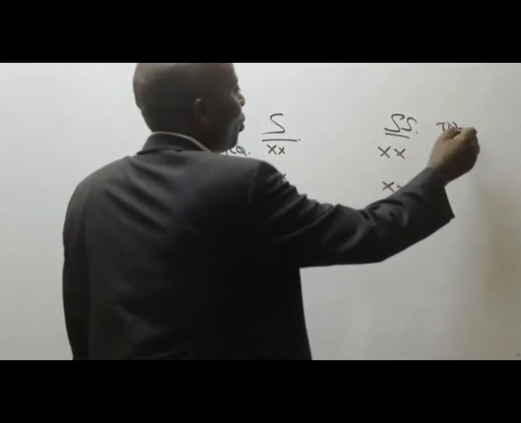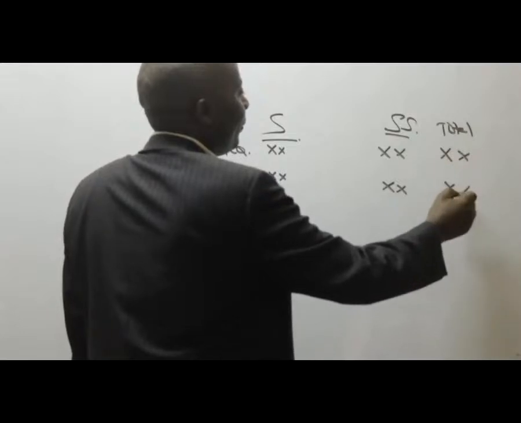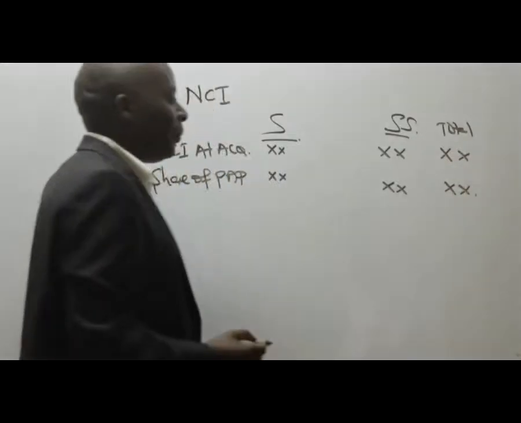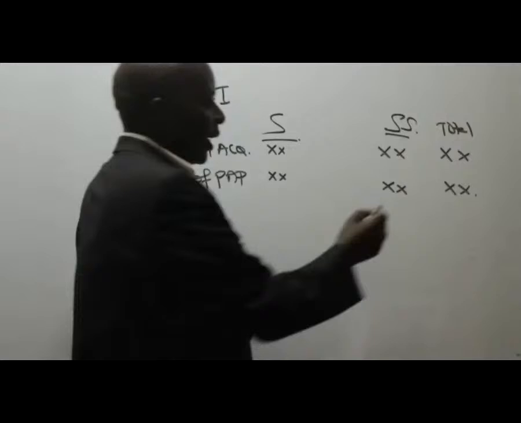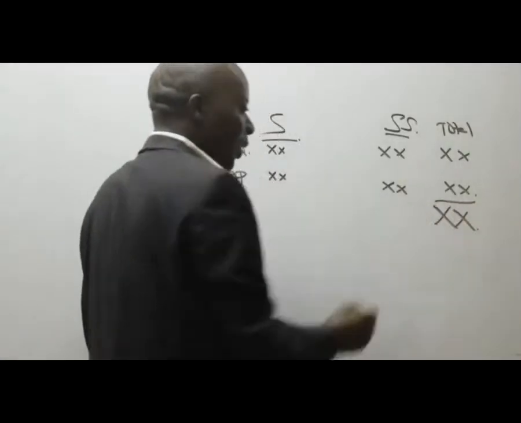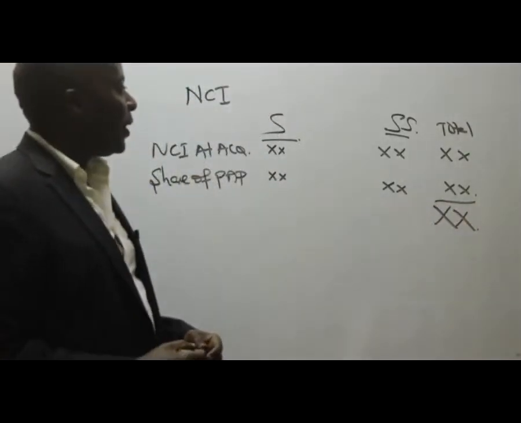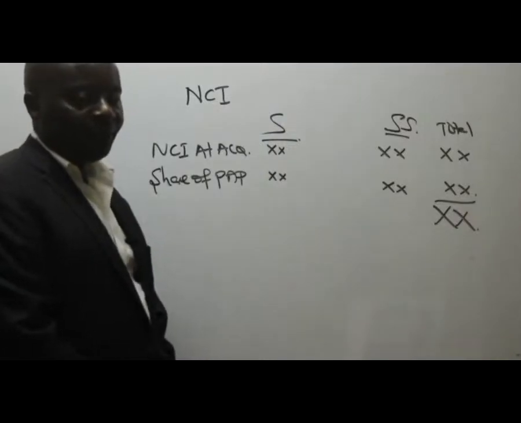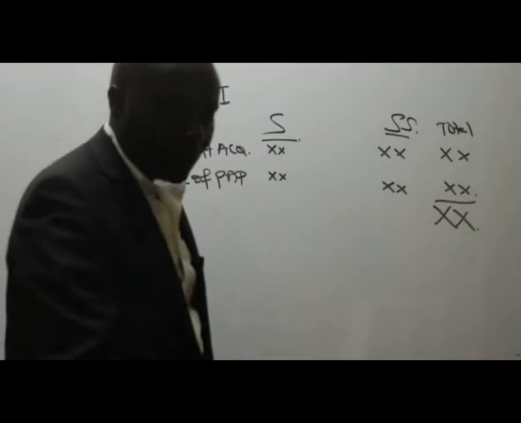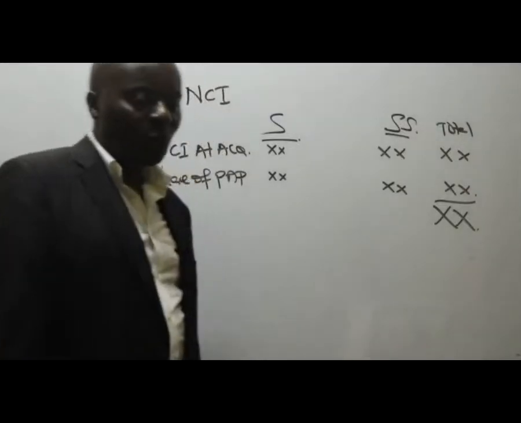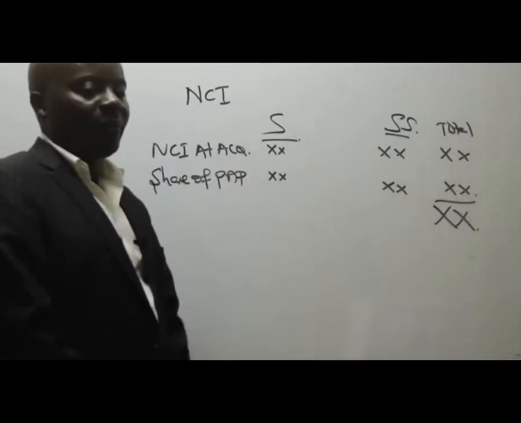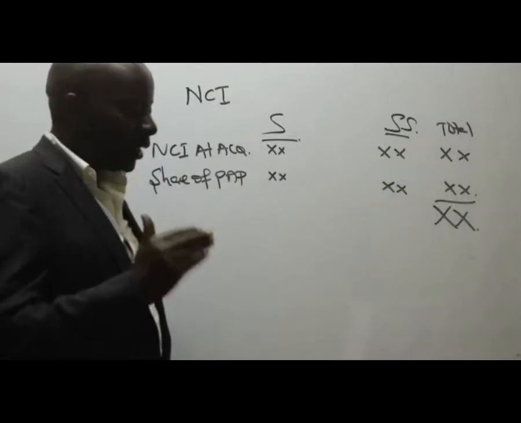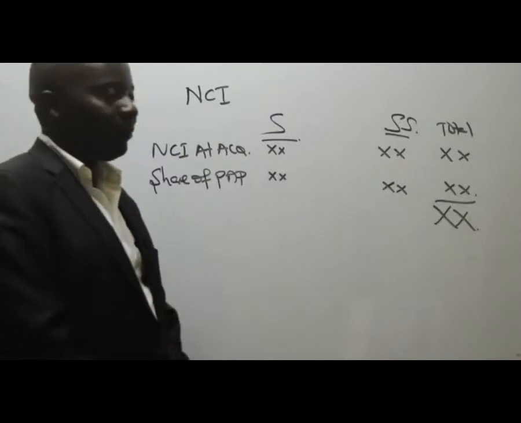Then you give me the totals here, and then the total there. I've taught you how to calculate these things severally. Let me see whether anybody will be able to get this metrics here. NCI at acquisition. I don't need to share the question. Already you have those figures somewhere. So NCI at acquisition, and then they grew.